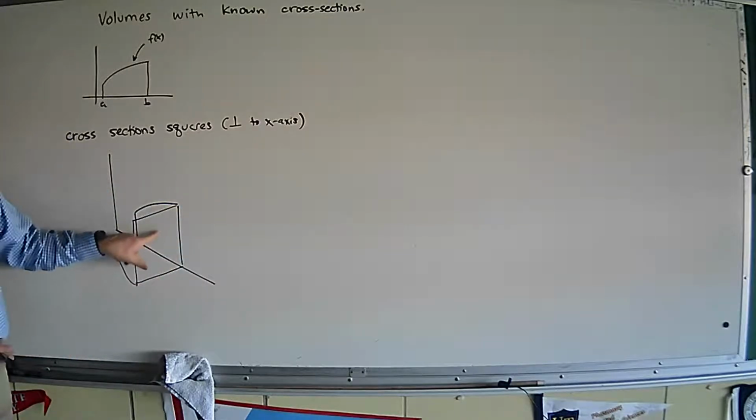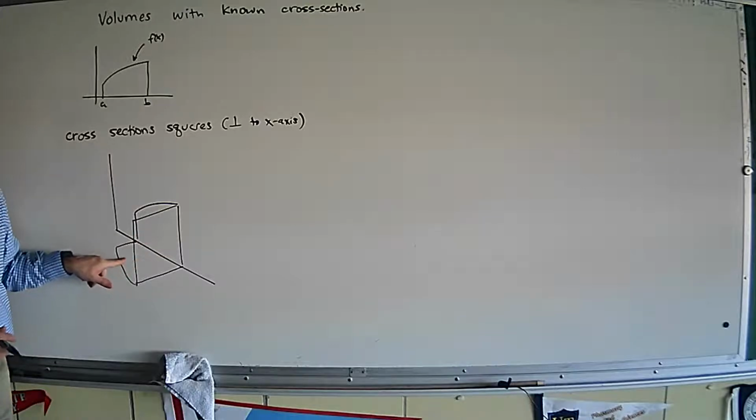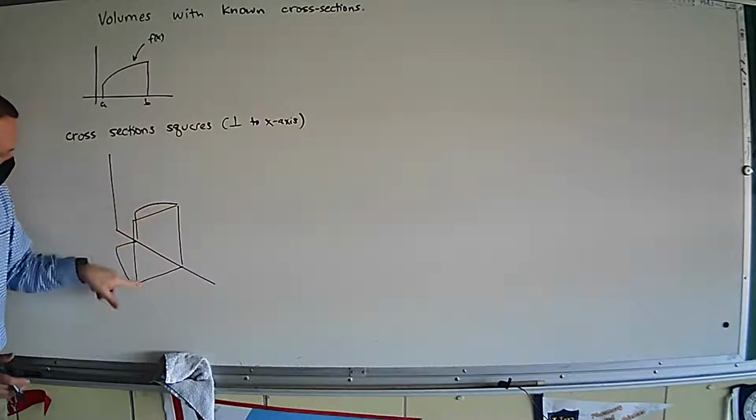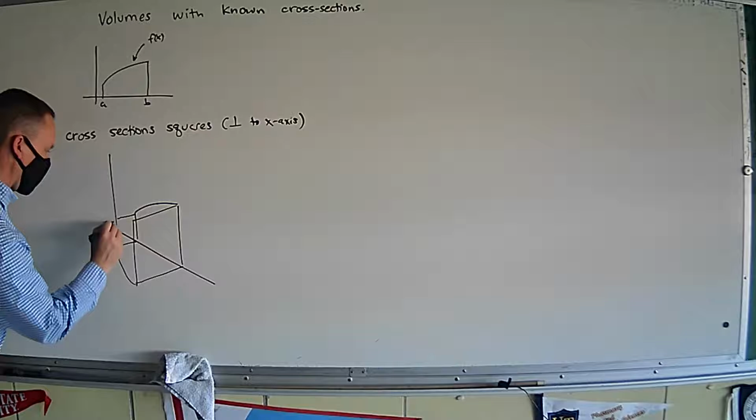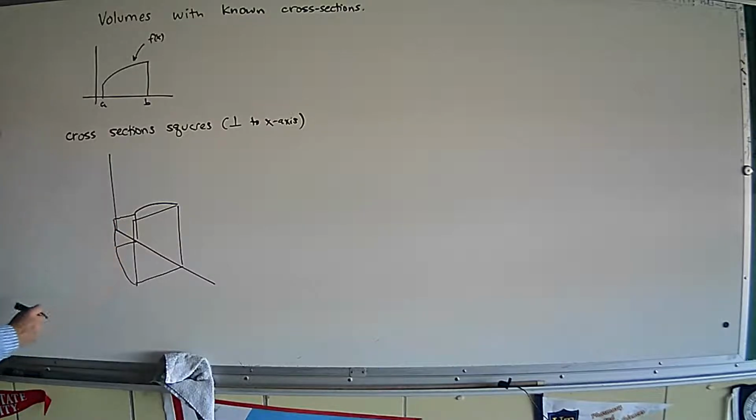So do you see, here's the region, and here's the region reflected down to make it three-dimensional. And there's a square piece. A square being like a piece of Kraft single cheese. Did you see the square?